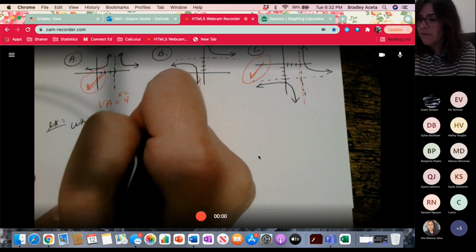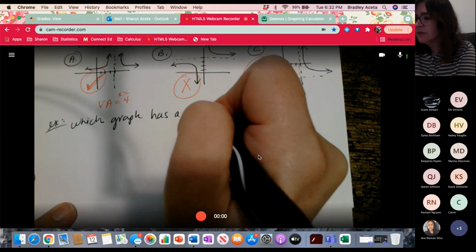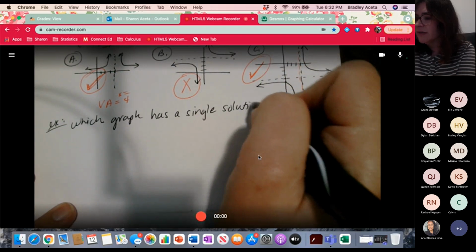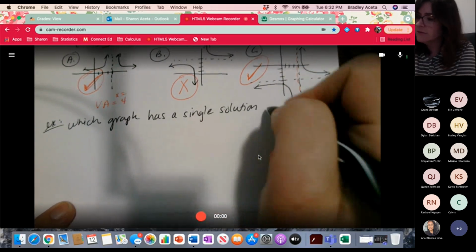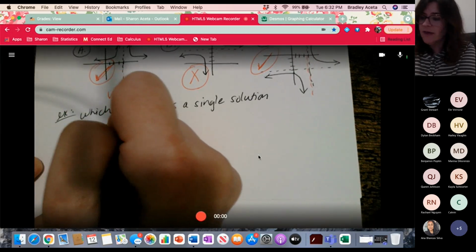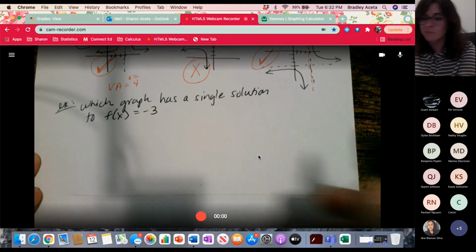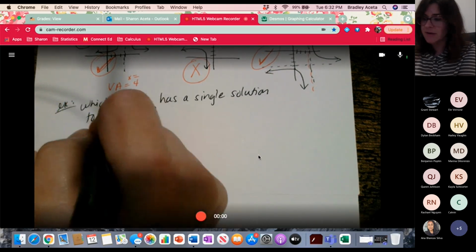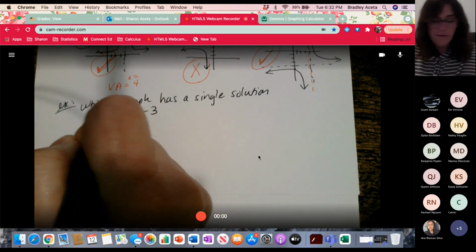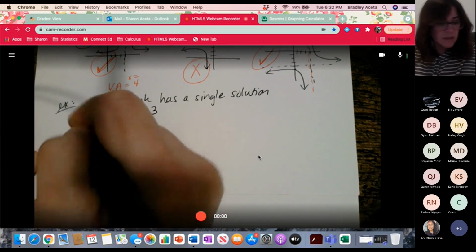Which graph has a single solution? This was interesting the way it was worded. Has a single solution to f of x equals -3. And I'll give you some pictures here again. So bear with me. 1, 2, 3.